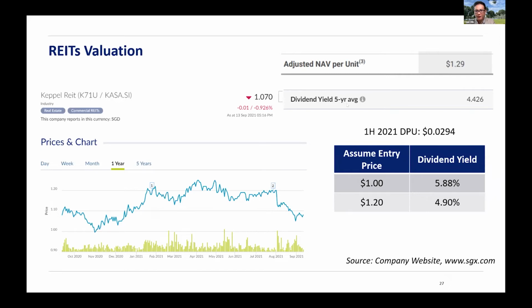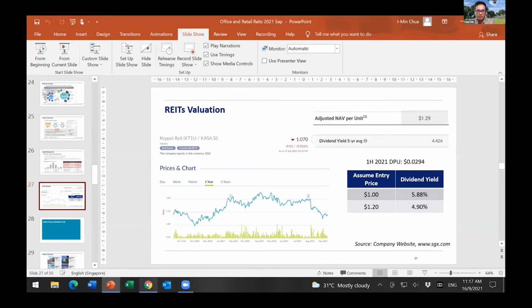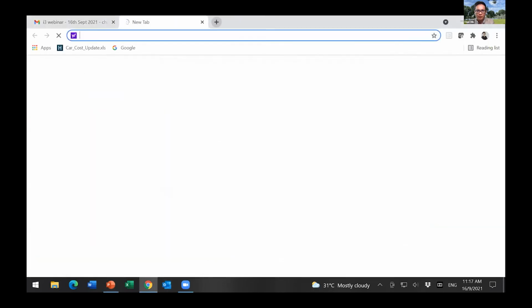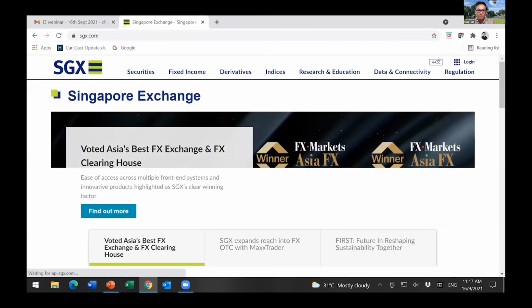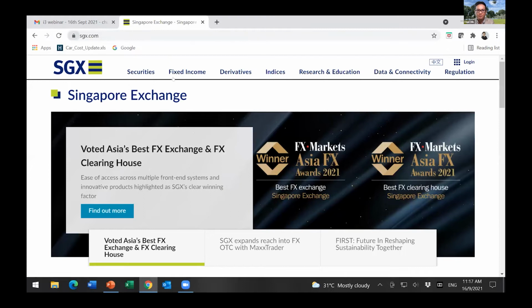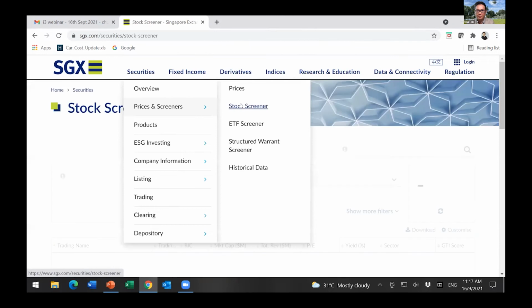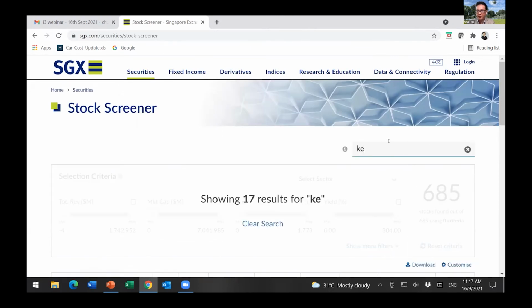Let me share with you how I get this number, dividend yield 5-year average. You can go to sgx.com, securities, stock screener. Let's say I look at Capital Reit.